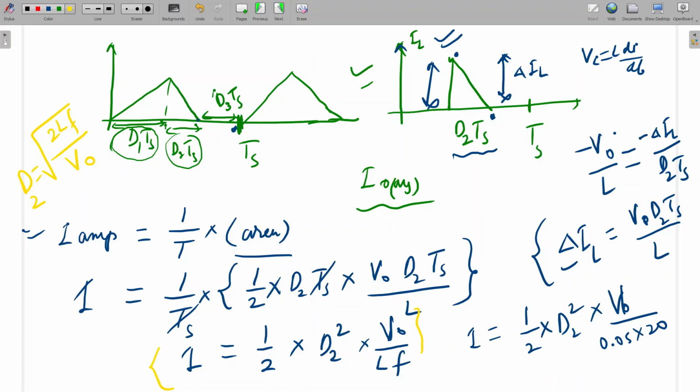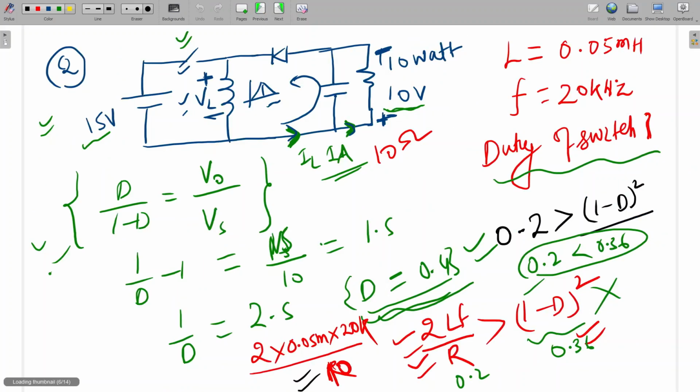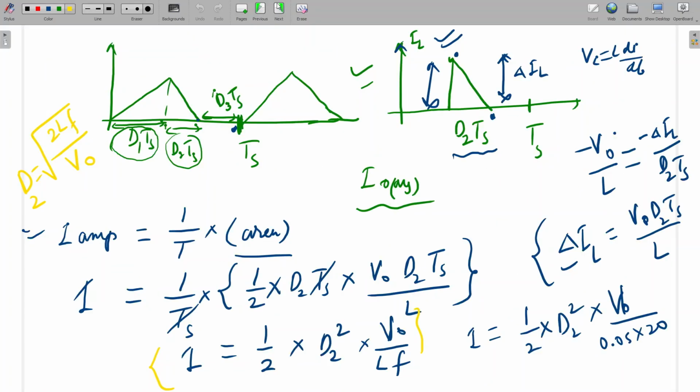So this value I'm going to calculate: 2 into 0.05 into 20 divided by V naught. V naught how much? 75, sir. V naught is 10. Okay, so it will be divided by 10. So I am getting 0.44 something.